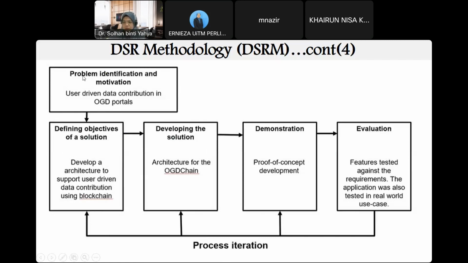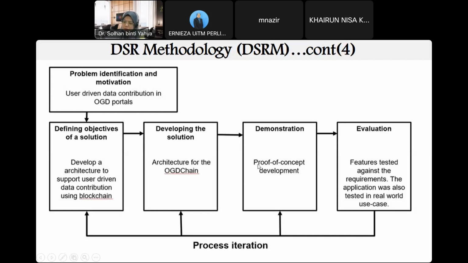For example, here is the problem identification and motivation. It's about users' driven data contribution in OJT portals. Then they define the objective of the solution: they need to develop an architecture to support users-driven data contribution using blockchain. Then, developing the solution, they come up with the architecture for the blockchain. These are the artifacts.